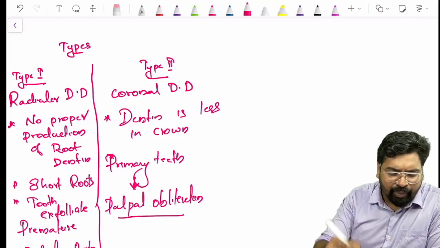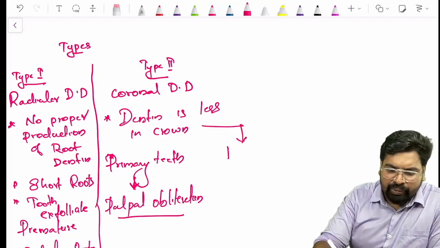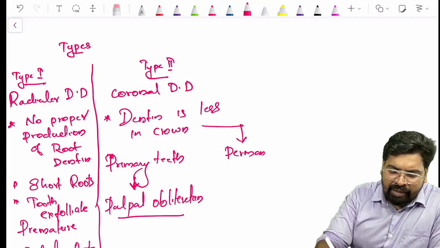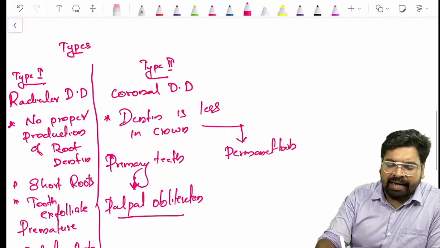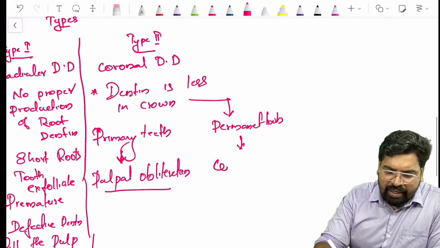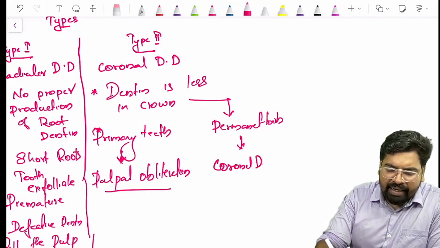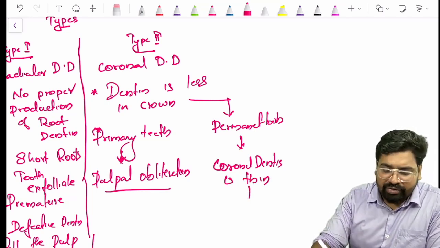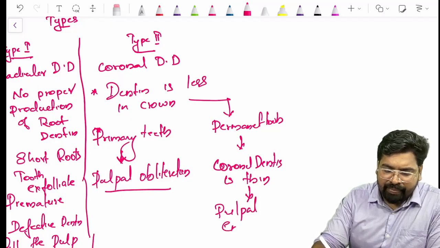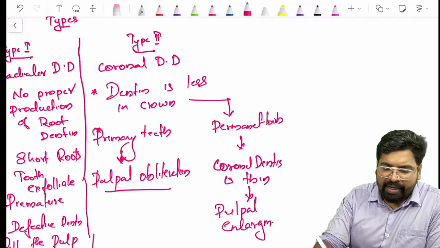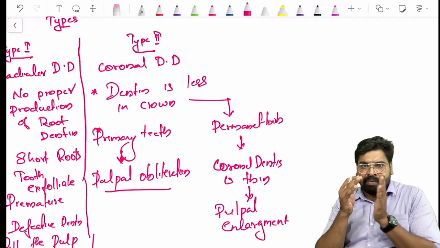Here we can see pulpal obliteration, but in the permanent tooth, we can see that the coronal dentin is thin and it will cause pulpal enlargement. The pulp chamber will be enlarged in the permanent tooth.